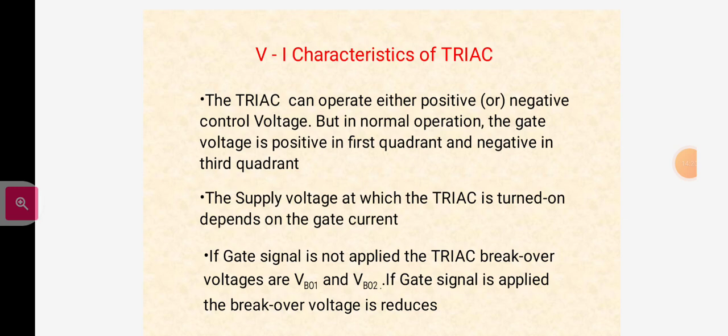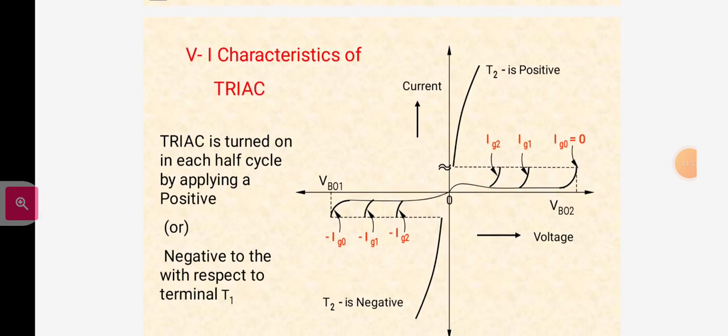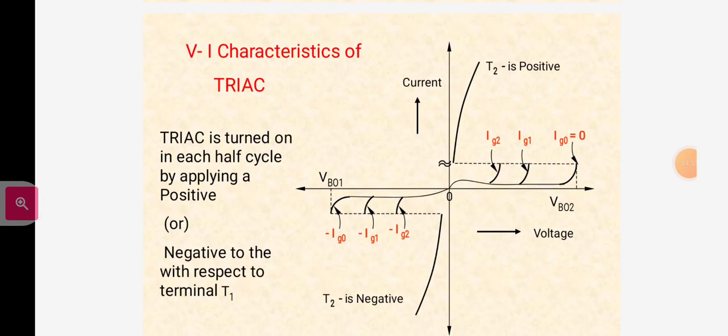If a gate signal is applied, the breakover voltage is reduced. This is the diagram for the VI characteristics of the triac. In the first quadrant T2 is positive, and in the third quadrant T2 is negative.